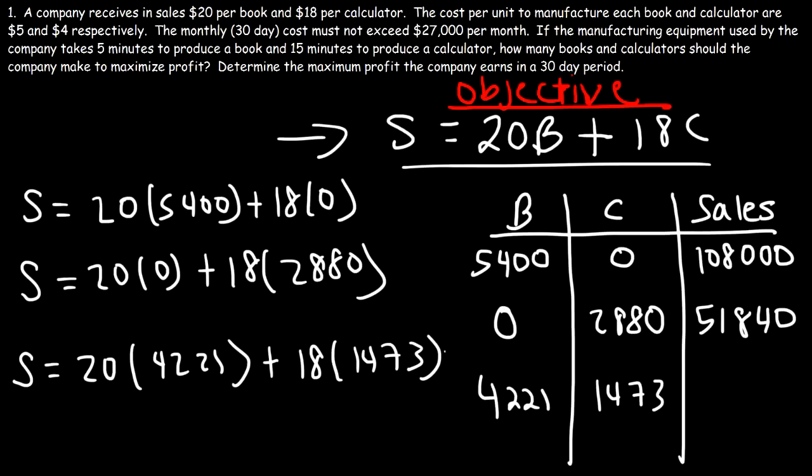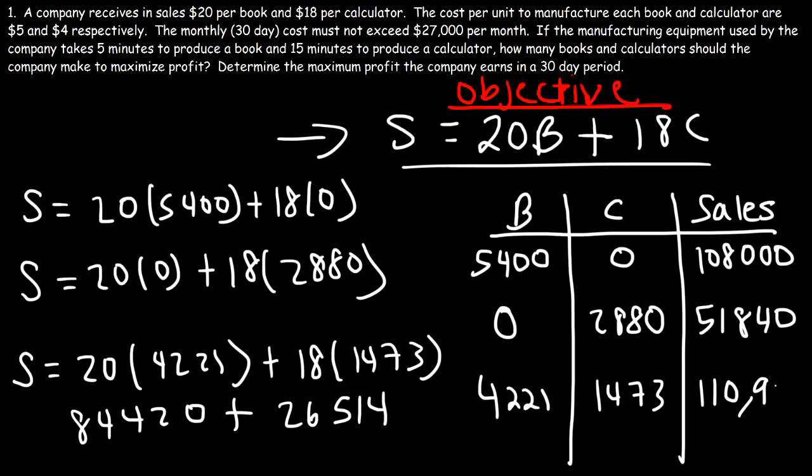So 20 times 4221, that's 84,420. And then 18 times 1473, that's 26,514. So if we add those two numbers together, the total sales will be $110,934.